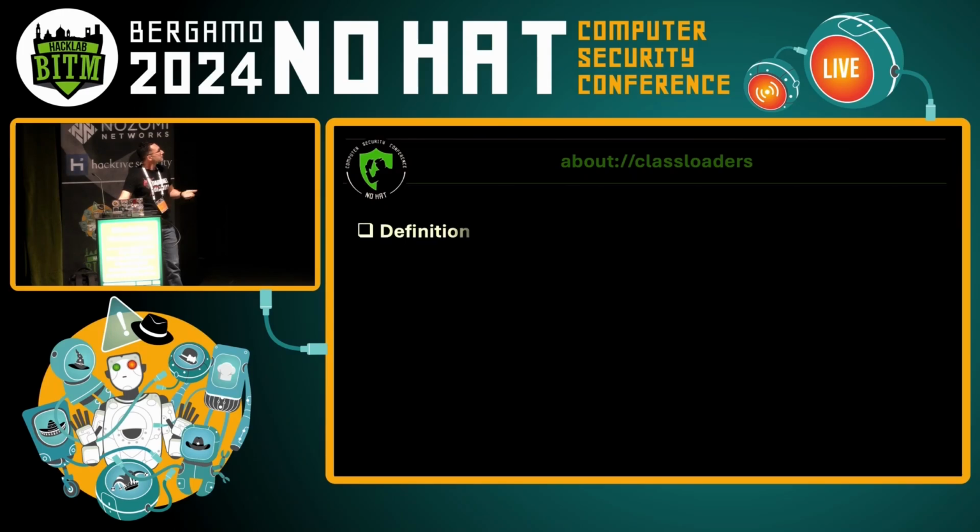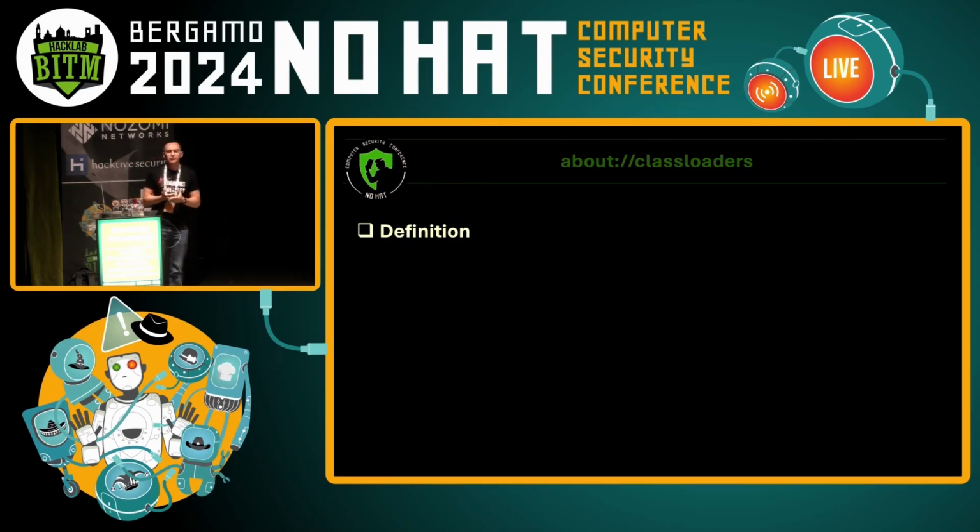So class loaders are an essential part of the Java virtual machine, responsible for loading binary representations of classes and interfaces. When these are found, the JVM will first construct the class or interface and load it to the application's memory.